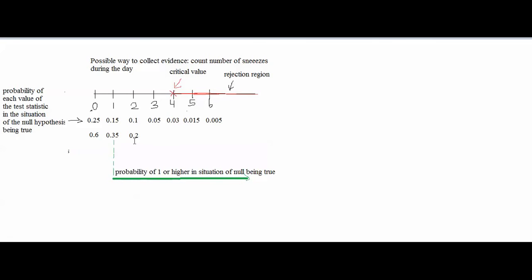Now what about 0.2 right here? To get this number, we added all of the probabilities of all outcomes that are 2 and above, meaning all 5 of these numbers. What that means is that this is the probability of getting an outcome of 2 or higher in the situation of the null being true.